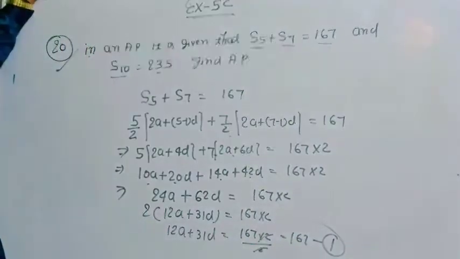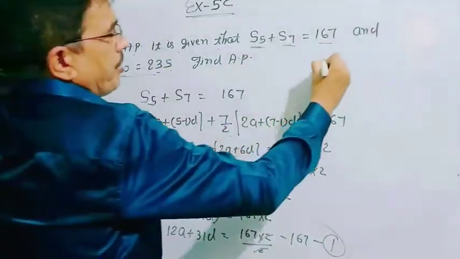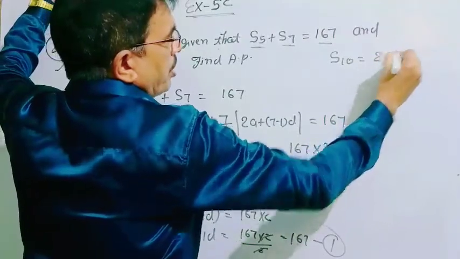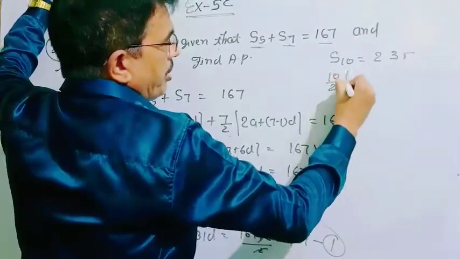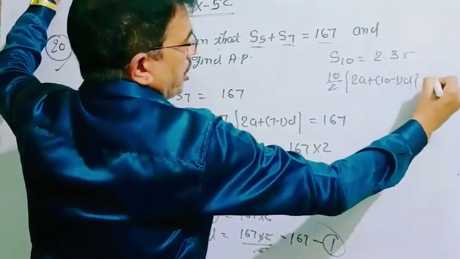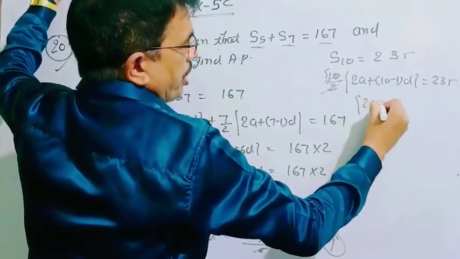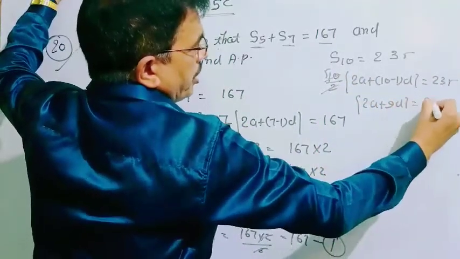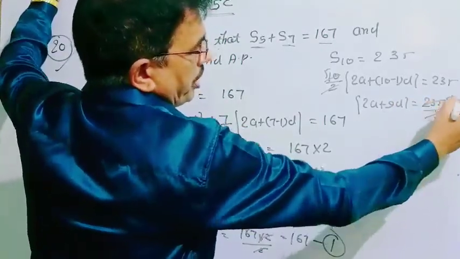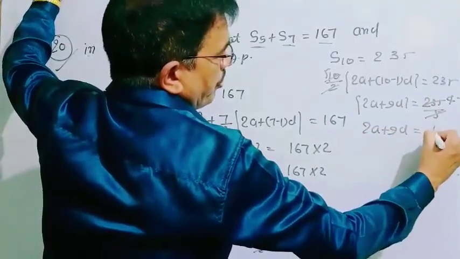It is the first equation. Next, your question gives S10 is equal to 235. So you write S10 is equal to 235. Then n by 2, 2a plus (10 minus 1) into d is equal to 235. 2 into 5, then 2a plus 9d is equal to 235 by 5. 5 times 4 is 20 and 5 times 7 is 35, so 2a plus 9d is equal to 47.